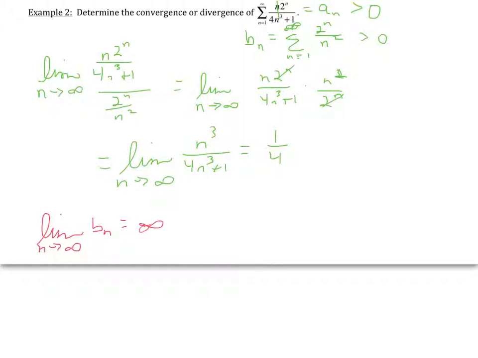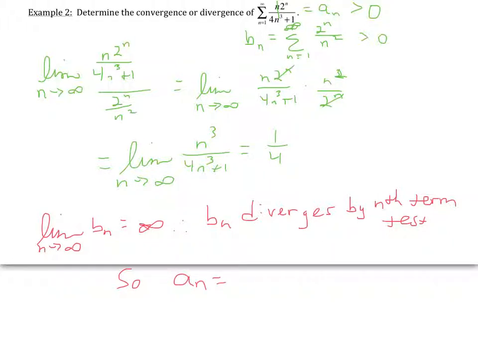It is not going to 0, and so therefore b sub n diverges by the nth term test. So a sub n, which we can write because we named our series up there a sub n, diverges by the limit comparison test.